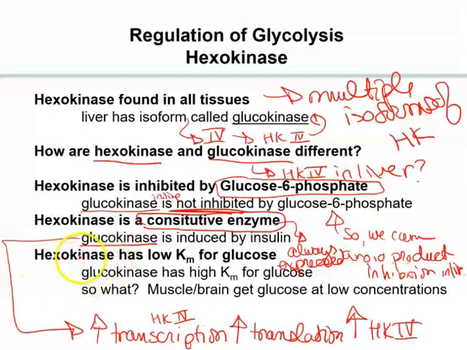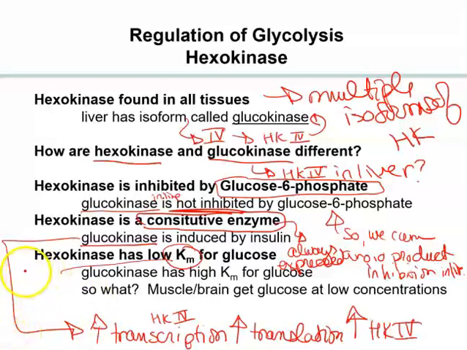Hexokinase in all of the other body tissues has a very low Km for glucose. Now, I'm simplifying this for you because you didn't have Biochem 1, which is where we cover what exactly is a Km. You can, although it's not perfectly true, think of a Km value as representing the affinity of an enzyme for a substrate.